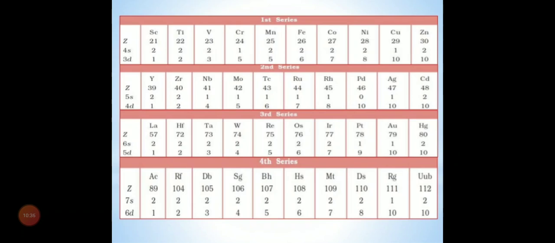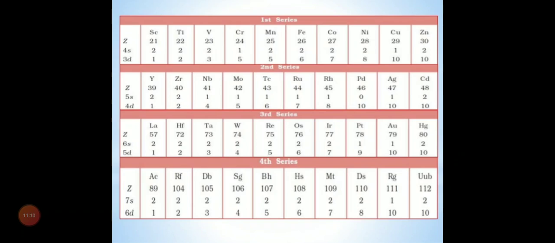In molybdenum there is also one electron, technetium 1 electron, ruthenium 1 electron, rhodium 1 electron, and in palladium it becomes entirely 0 because it has to transfer electron to 4d to get completely filled electronic configuration. Then comes silver. Silver is also having 1 electron in 5s and 10 electrons in 4d. That makes 5s half filled and 4d fully filled. Then comes cadmium. Cadmium is fully filled, 2, 10.